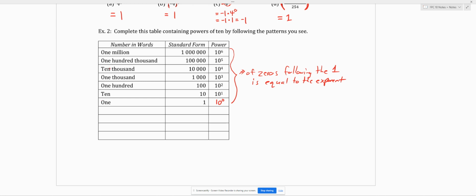Now, if we keep going in this direction, we're getting all the way down to 1. Well, what happens if I continue to divide by 10? If I divide 1 by another 10, I'm going to get 1/10, which we write as 0.1. That's 1/10 of 1.